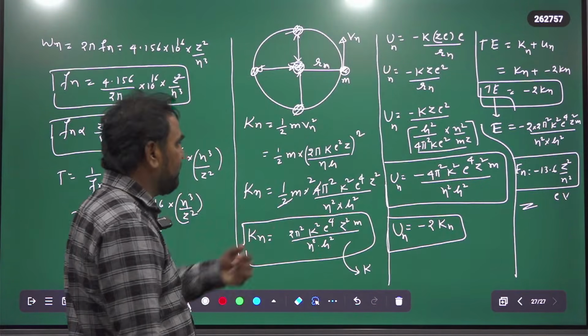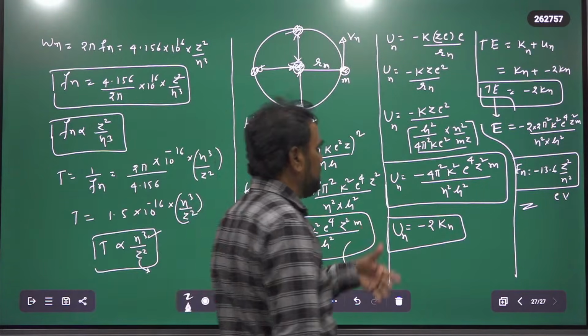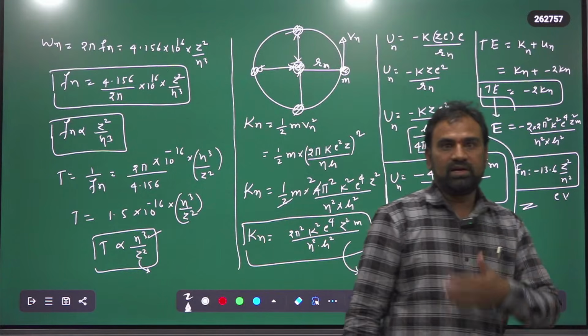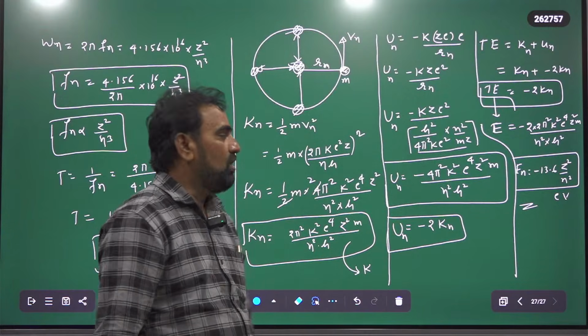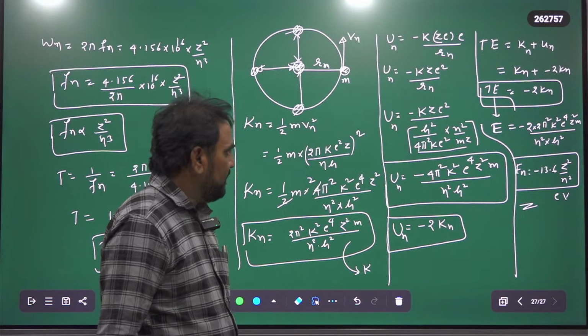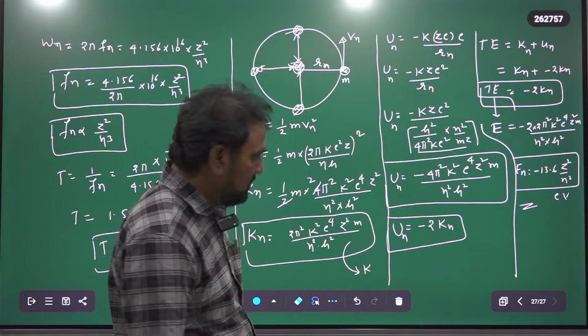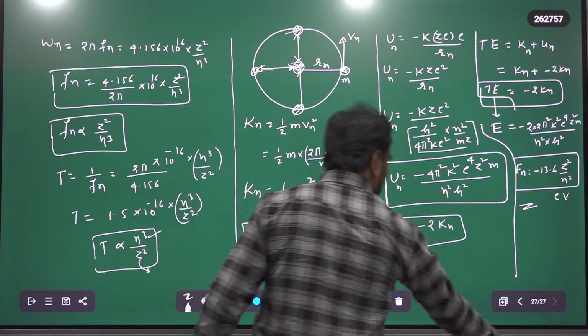So what is the frequency? How much frequency would be emitted when an electron goes from a higher energy level to a lower energy level?